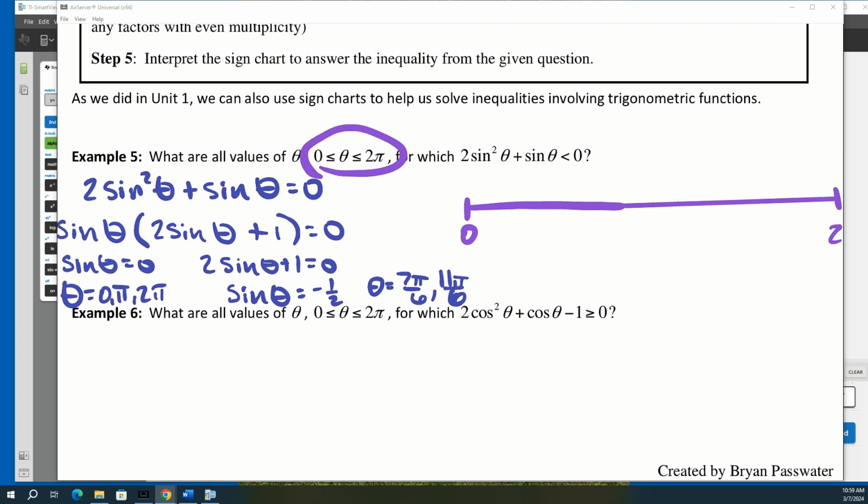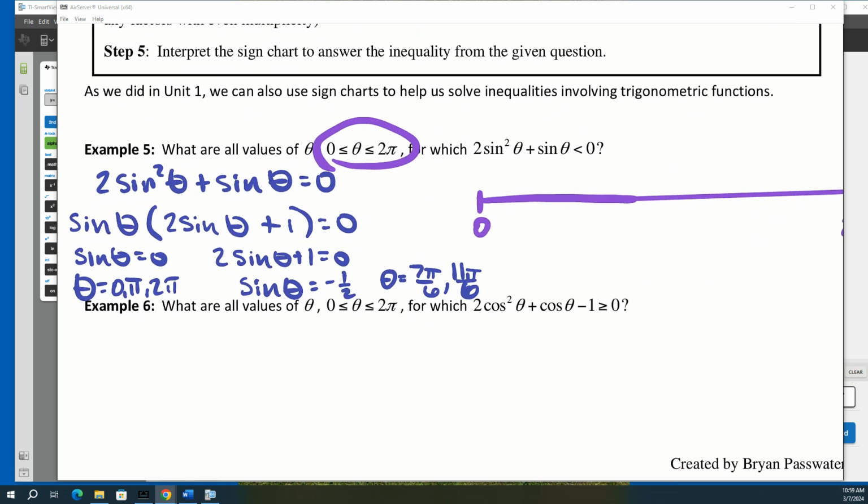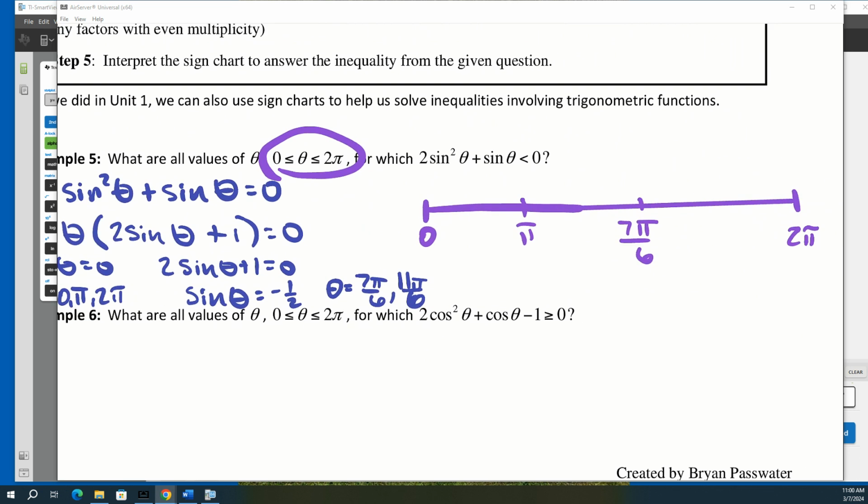Then we want to put a point at every one of these that we have, and it doesn't have to be spaced out correctly. It just needs to be in numerical order. So 0 obviously is first, and then pi, and then 7 pi over 6, and then 11 pi over 6, and then 2 pi. I'm going to move it over just a tad bit more.